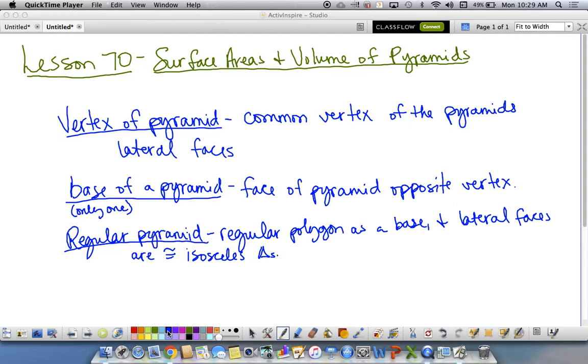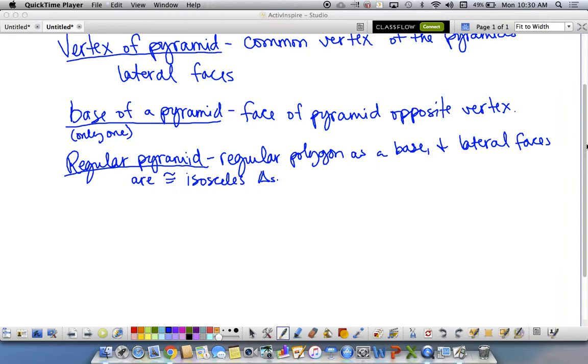Okay. All right, last one. All right, the slant height of a regular pyramid. So we're going to talk a lot about regular pyramids, just so you know.